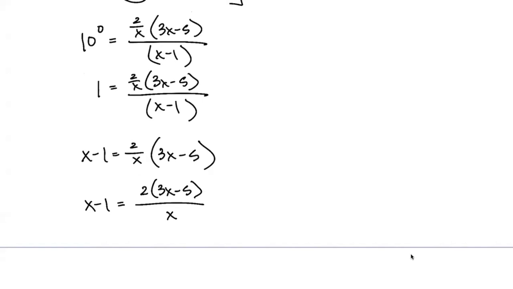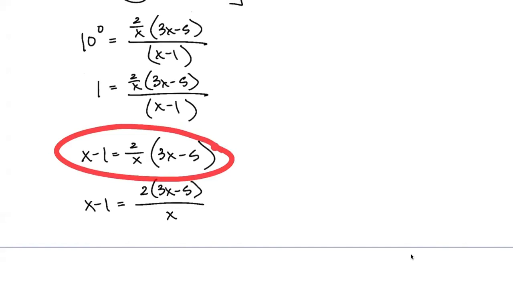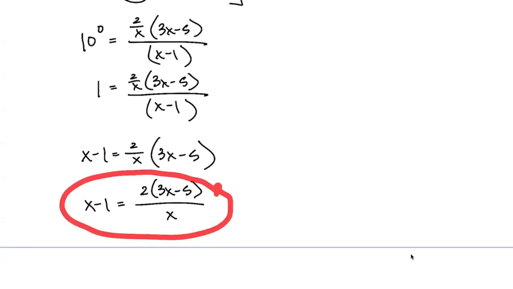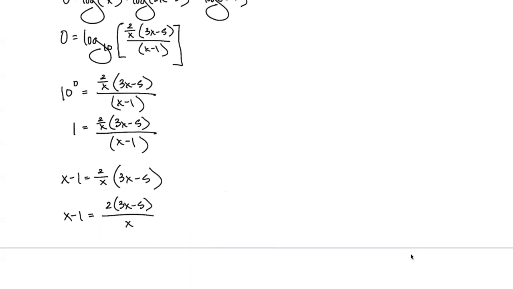Now, what I really like about this step is you made fewer fractions. And sometimes even if we don't like fractions, if we can get rid of them, that helps us move forward. Is there any way to get rid of the fractions that are left here? Multiply both sides by x. Nice.